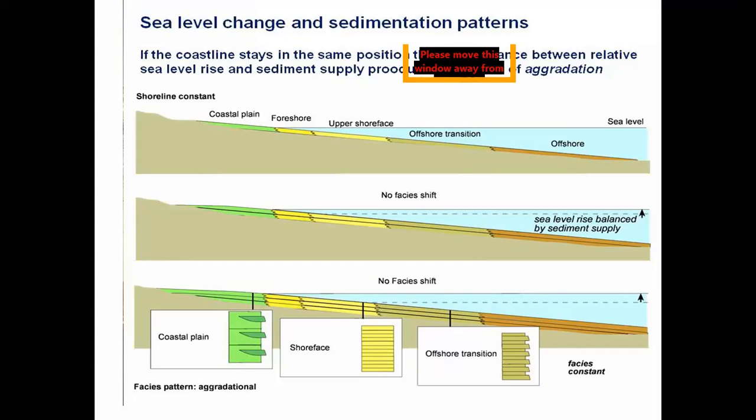So when there is a balance between the supply of sediment and the rise of sea level, the same facies is followed vertically without any change in the type of rocks in the vertical direction. Facies is constant.